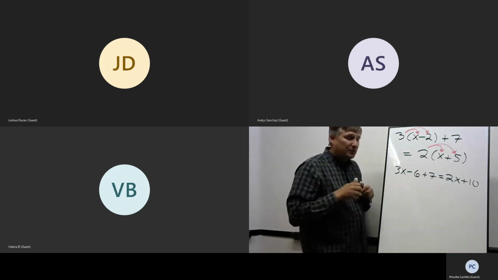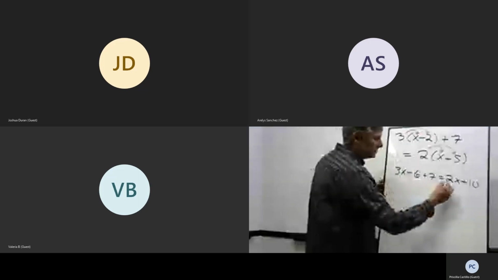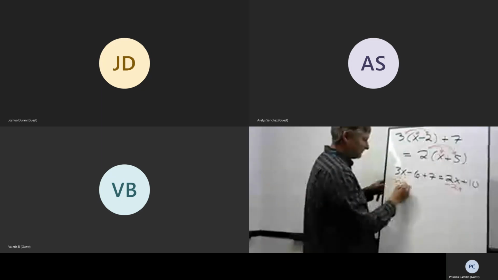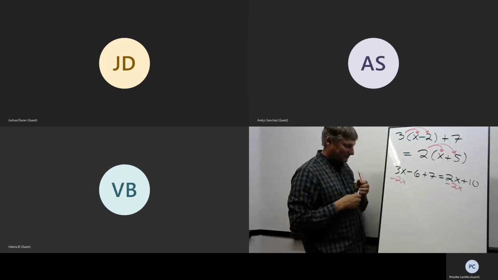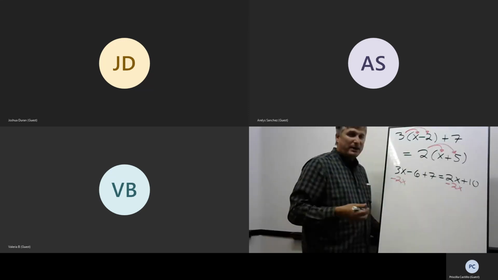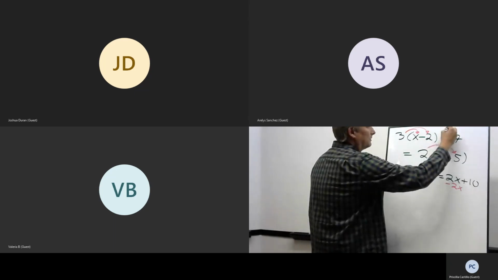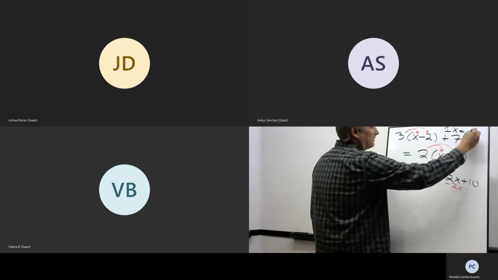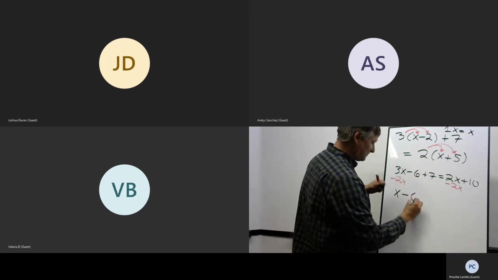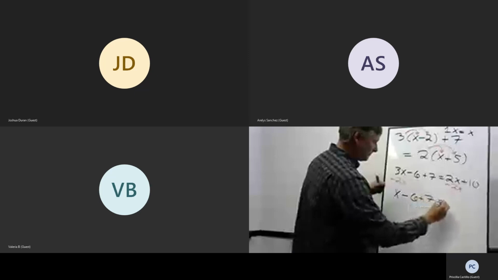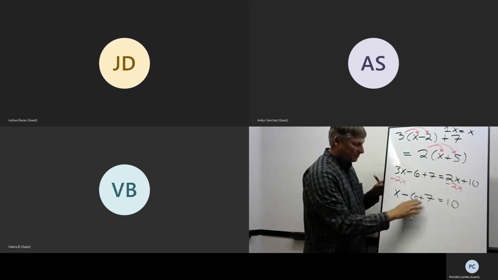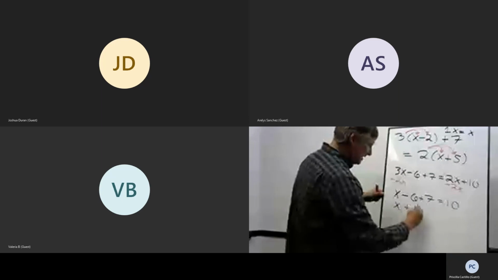Again, we can gather x's to one side. I'm going to move the 2x by subtracting. So they'll cancel. 3 minus 2 is 1x. But 1x, again, we just call that x. Now, negative 6 plus 7, that's positive 1.